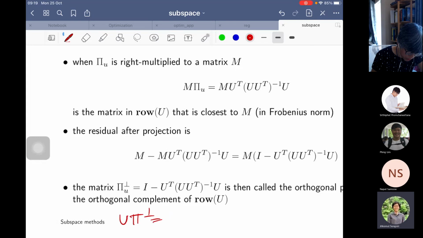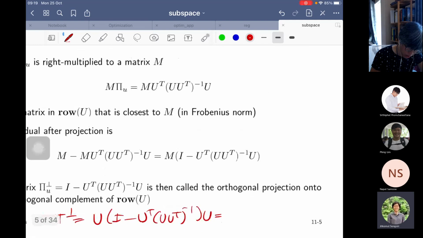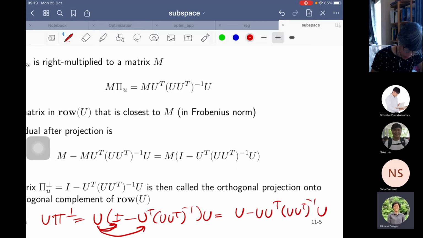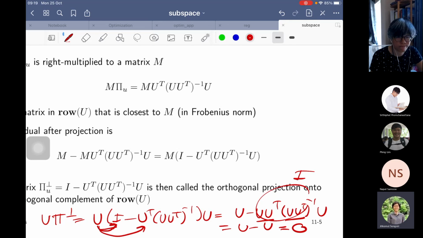If I multiply U on the left hand side, I will get U minus U transpose, right, times U transpose inverse U. And that is U transpose times its inverse, which is going to be the identity matrix, right? So you get U minus U, which is 0.